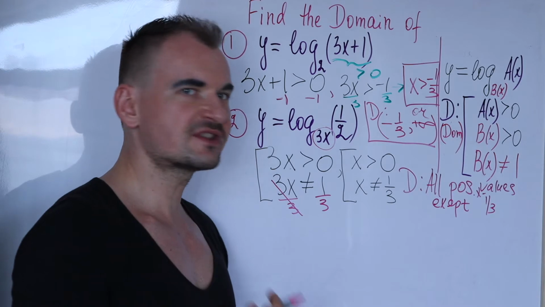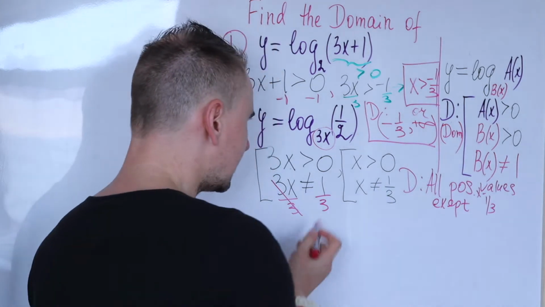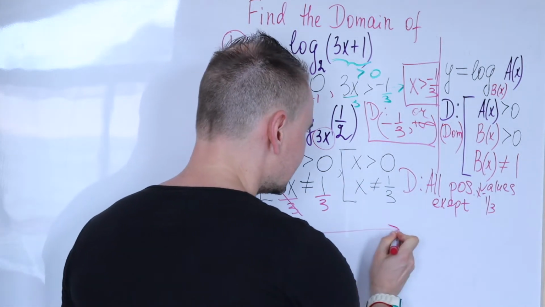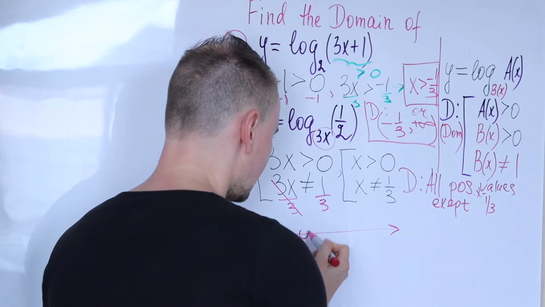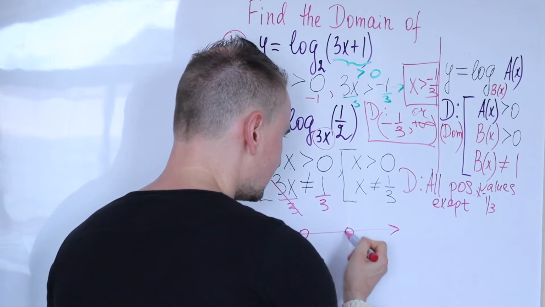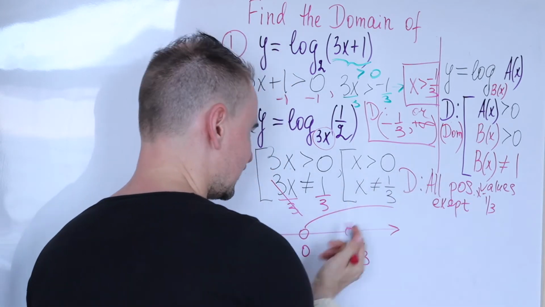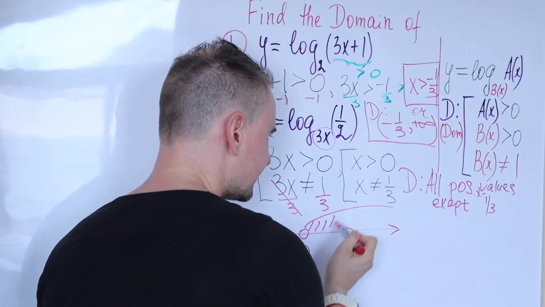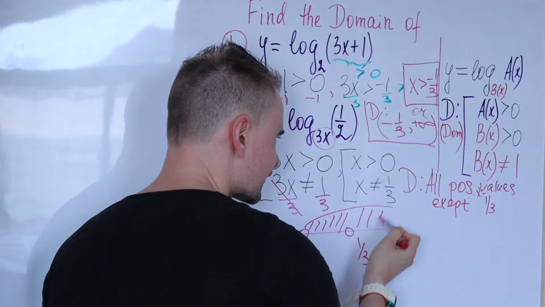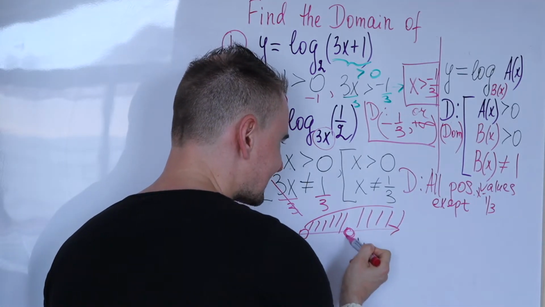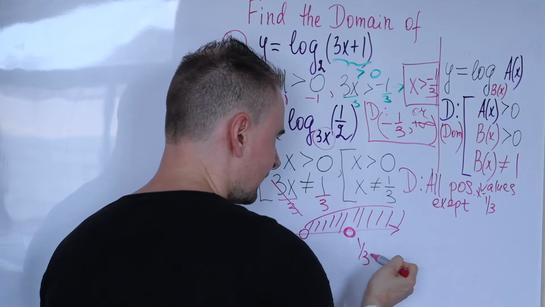Or you could use the interval notation if you like, and you could place it on a number line. So this is your 0 and this is your a third value, and you go in that direction. All positive values of x, except this a third.